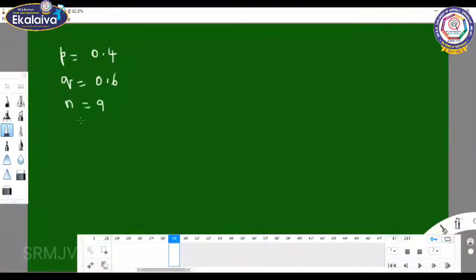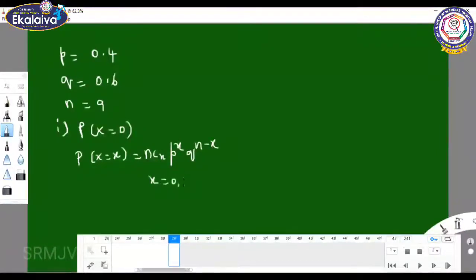What is the first subdivision they are asking? None of those selected have newspaper reading habit. That is nothing but P of x equal to 0. What is the formula for P of x equal to x? NCx p power x q power n minus x, where x can take the value 0, 1, 2, up to n.